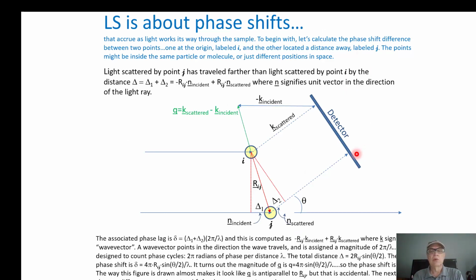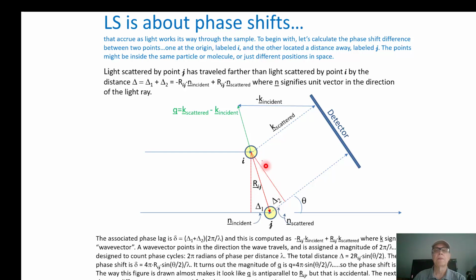All right, so light scattering really works off these phase shifts that arise between one ray of light and another ray of light that go through different parts of the sample. So let's pretend, just for the sake of fun, that I have a little particle here, particle I, and another little particle here, particle J. Now these could be little subvolumes on the same molecule, or they could be tiny particles that are totally different molecules.